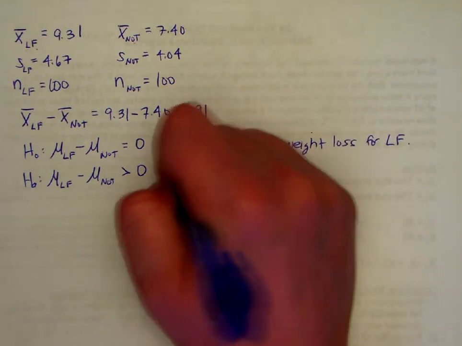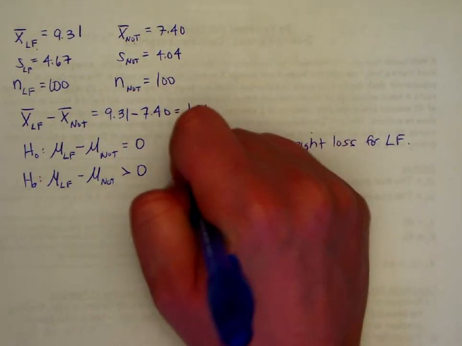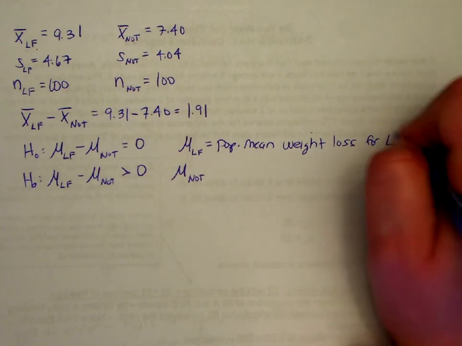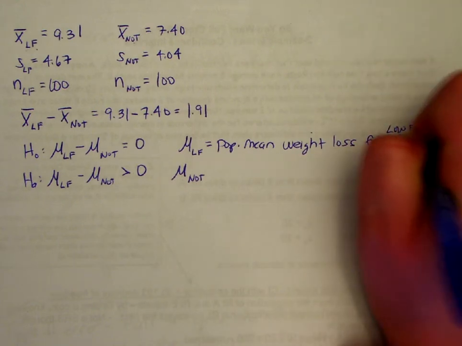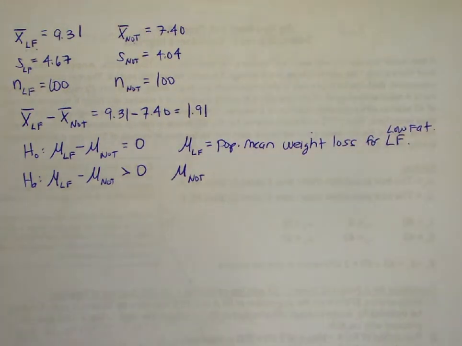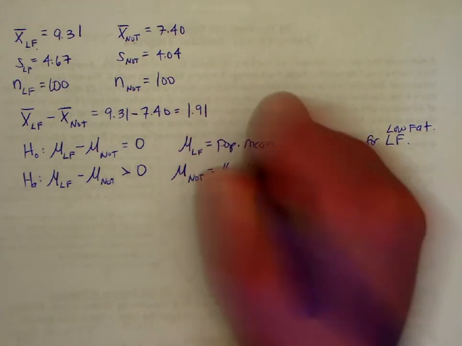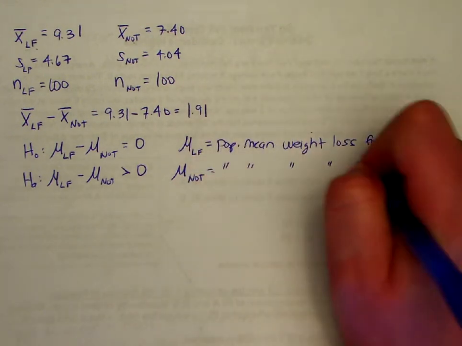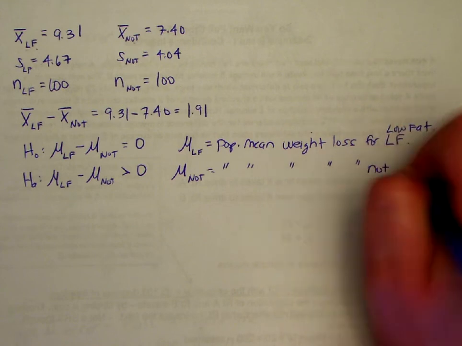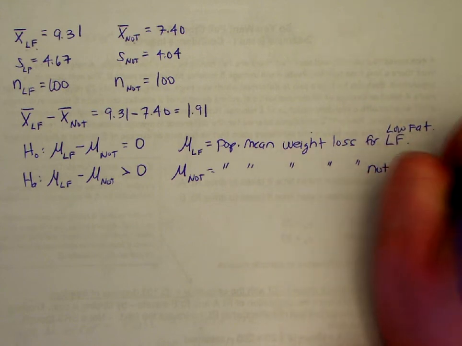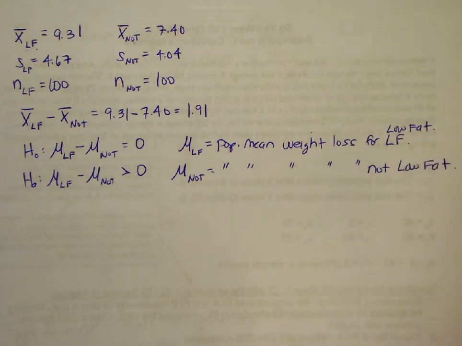And then mu of not low fat, I should probably write that out, because this is where you can actually tell them what you're using to simplify this. And then this is the population mean weight loss for not low fat. They don't know what LF is and NOT, so I'll make sure I put that there. Okay, so here we go.